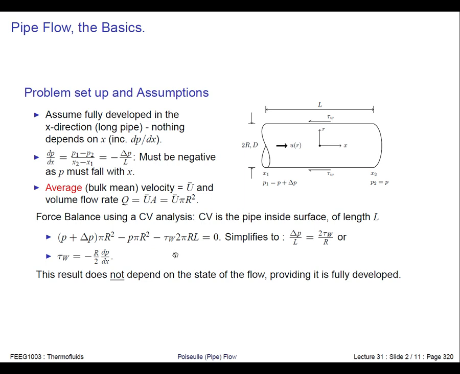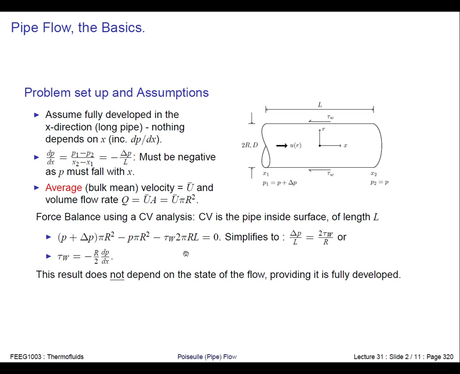And then we've got the wall shear stress, which is the wall shear times the area of the pipe surface. The pipe surface is effectively the curved area of this section, so that's 2 pi r, which gives us the circumference, multiplied by the length, which gives us the curved area. The curved area times the shear stress gives us the force.